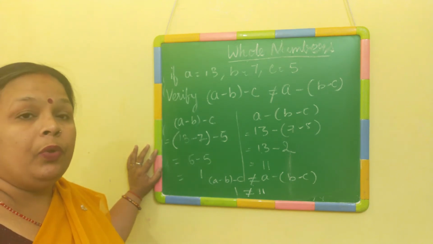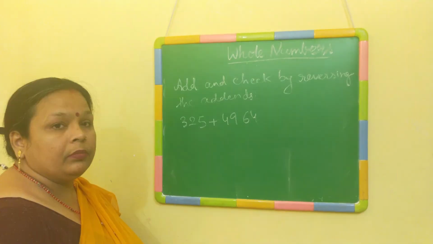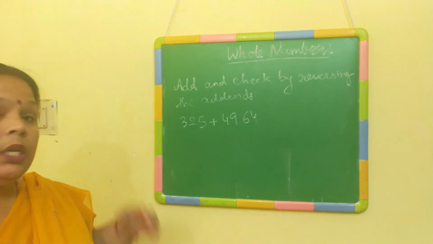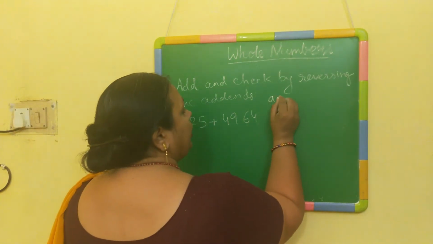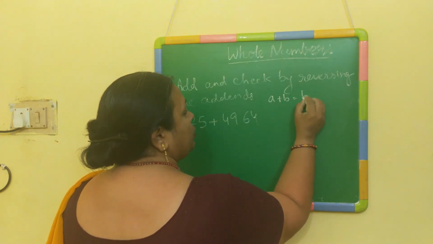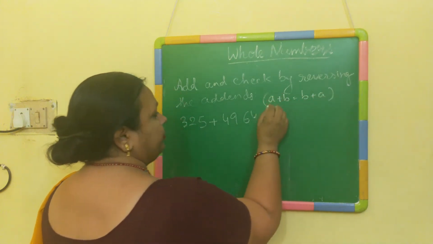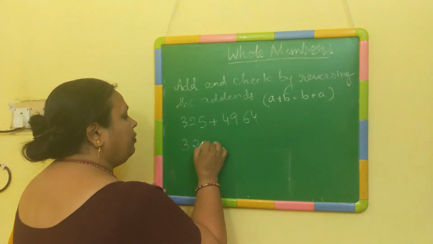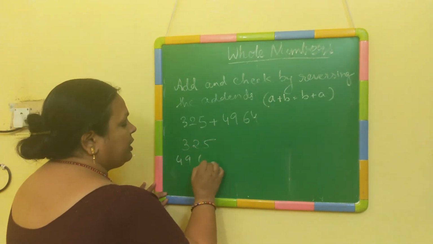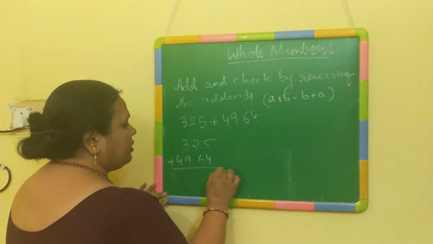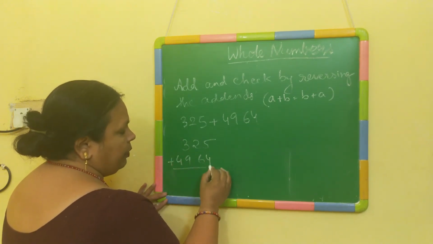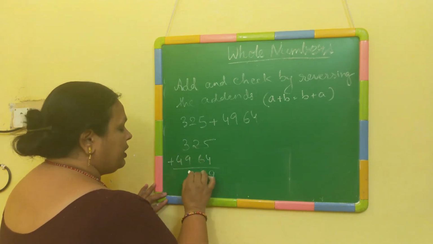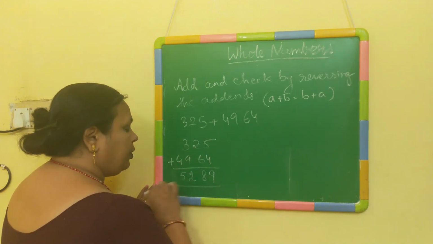Let's take a few more examples. Now here we are going to add and check by reversing the addends. This is nothing but checking whether a plus b is equal to b plus a. Clear? That means 325 and 4964. If you add, 5 plus 4 is 9, 2 plus 6 is 8, 3 plus 9 is 12, and this gives 5289.